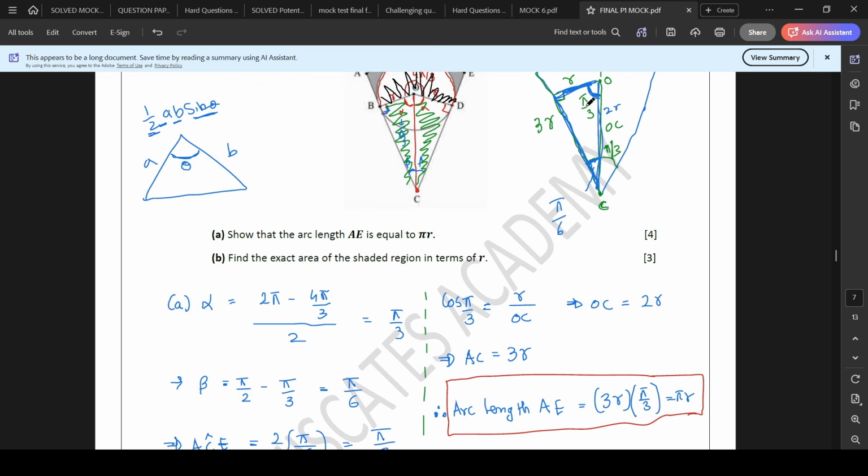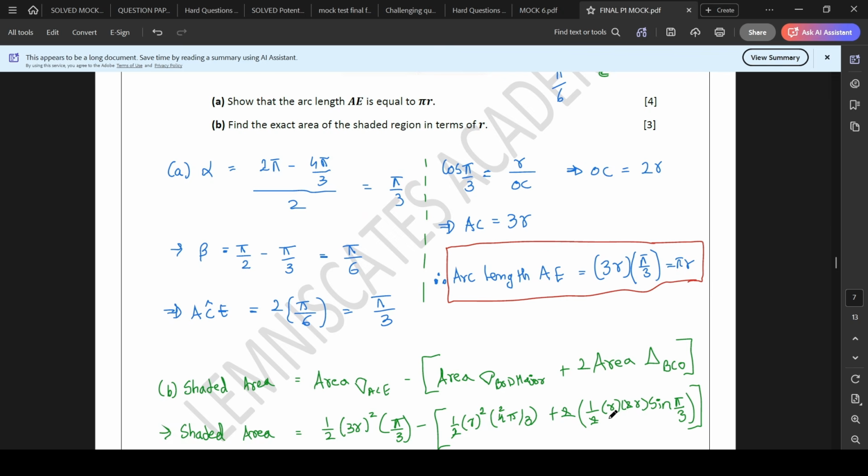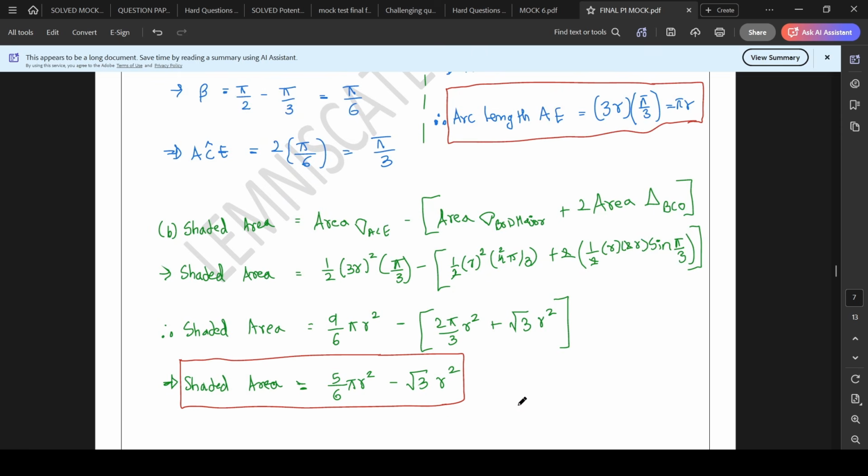The area of the triangle I did using this length, this length and this shared angle, so half into r into 2r into sine pi by 3. So yeah, everything should be correct over here.